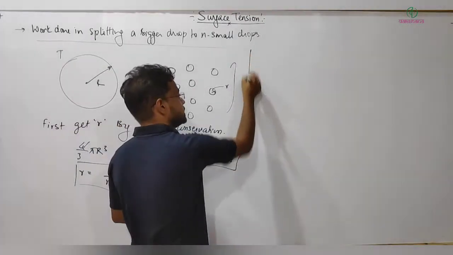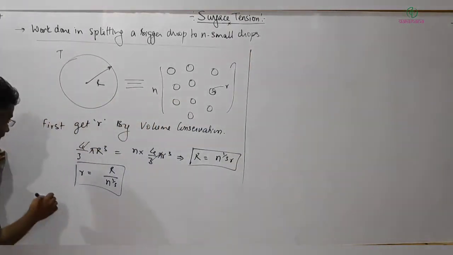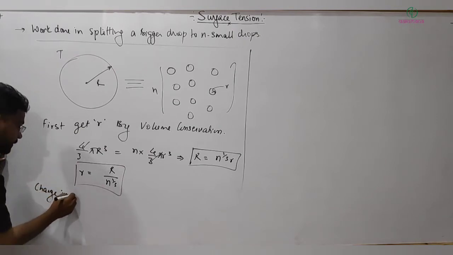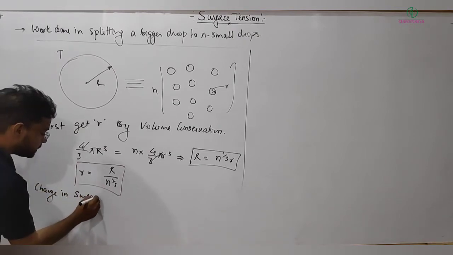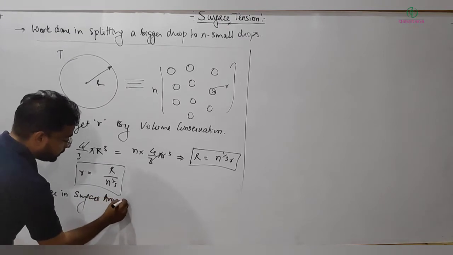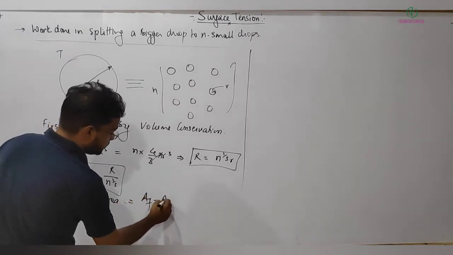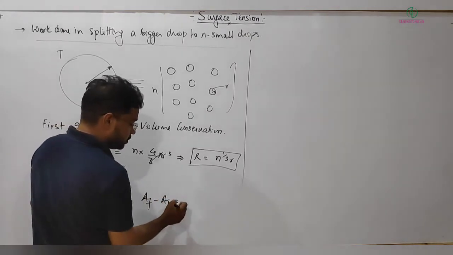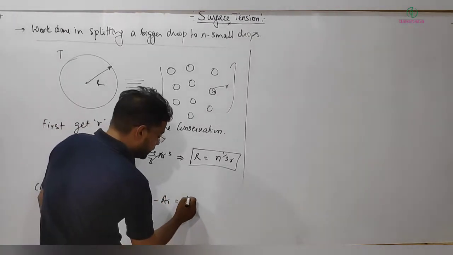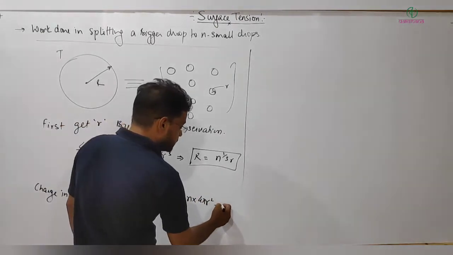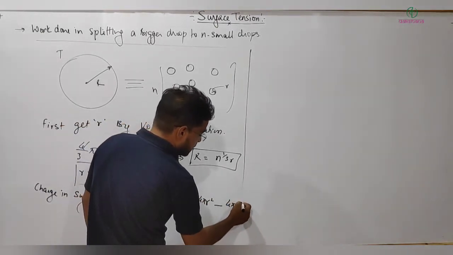Then what is the change in surface area? I will write change in surface area will be equal to A final minus A initial, and that is equal to A final which is n multiplied by 4 pi small r square, minus initial which is 4 pi capital R square.